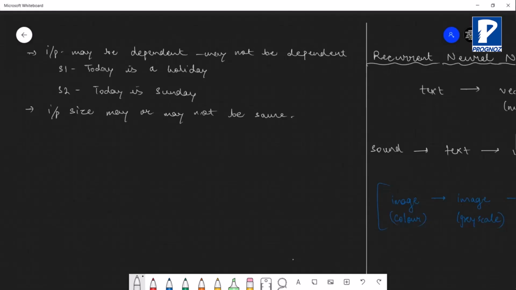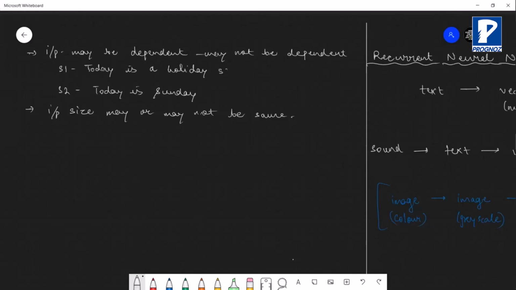So here a relationship got established, the relationship established is that on Sunday there is a holiday, and we can say that we have holiday on Sundays. Okay, so this statement S1 and the second statement S2, they are dependent on each other. How? Through S1 I can say that S2, which talks about Sunday, is a holiday or is a weekly off, whatever. So that is why we can say that these two statements are dependent on each other.